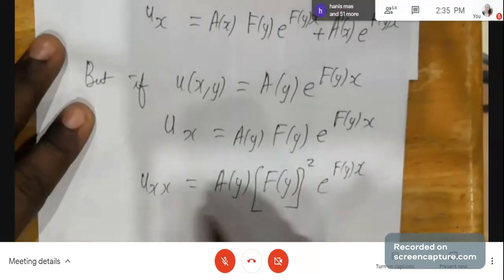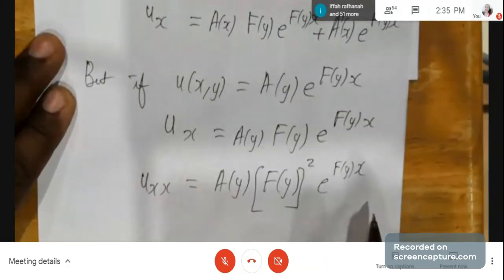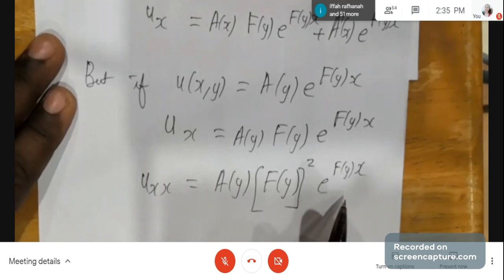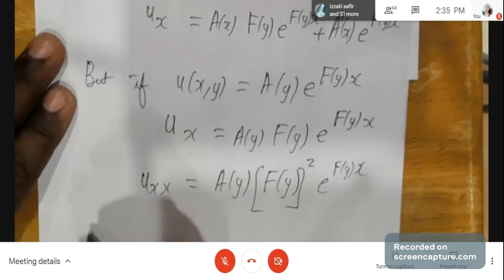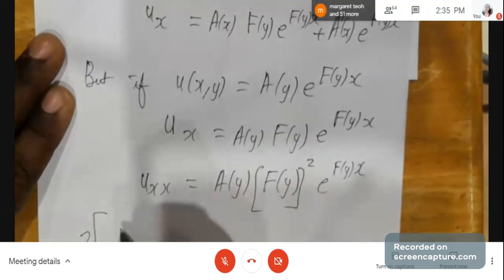Then when you substitute this into the original equation, you'll find that this is the solution, because everything has the A(y).